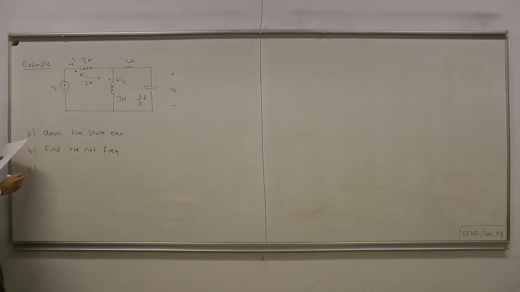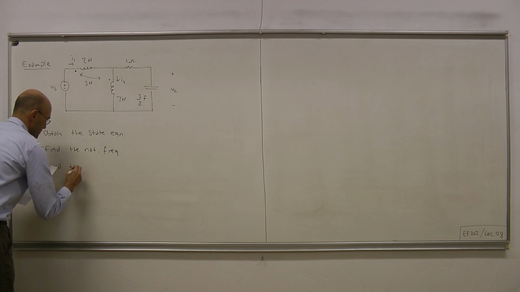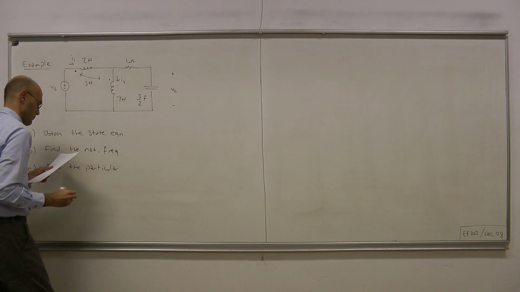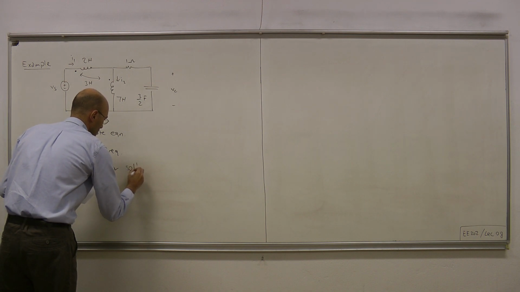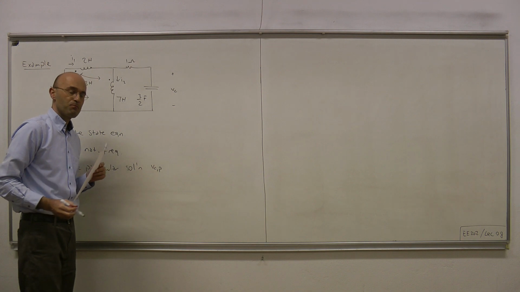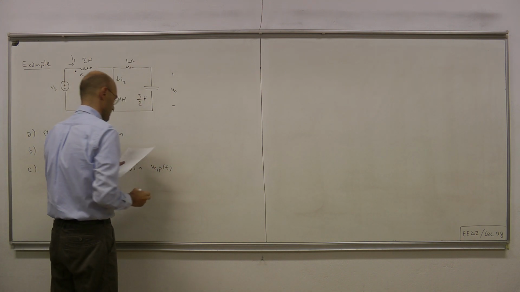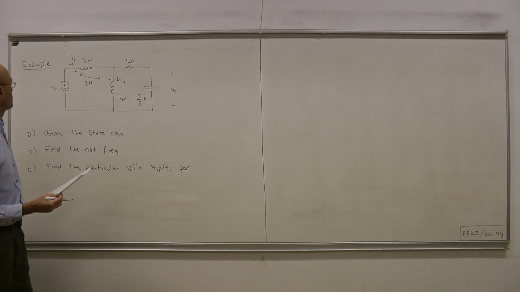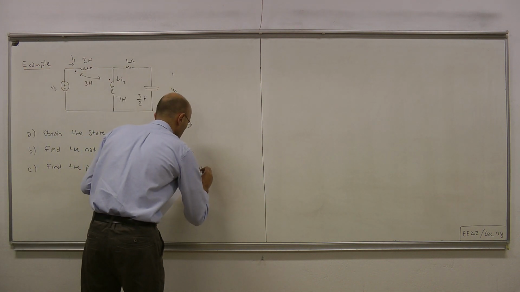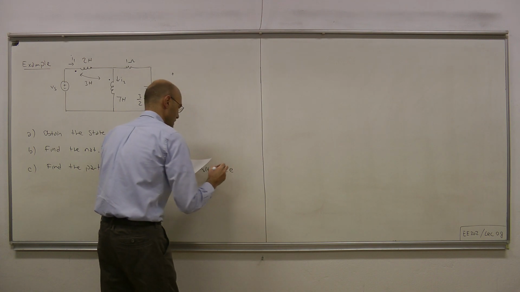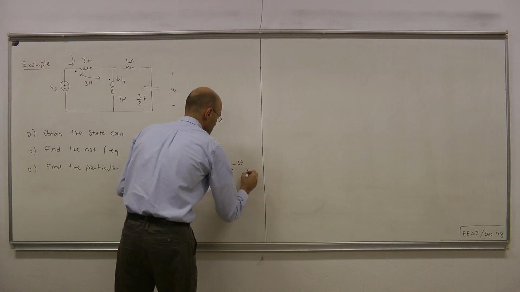And C, find the particular solution for the capacitor, let's call it VC PT, when the input is 2 e minus 3t volts.